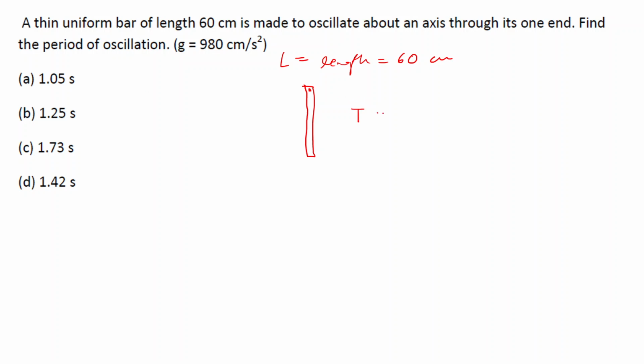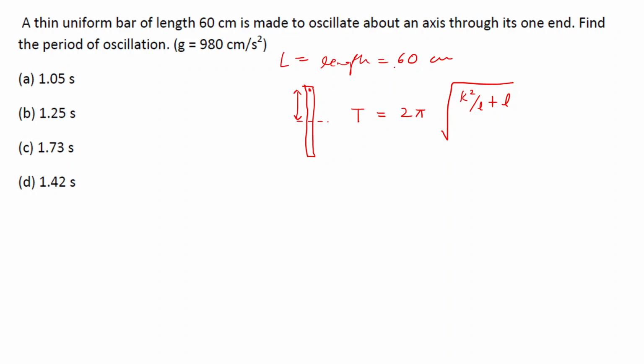Now we know the time period of oscillation for a compound pendulum, the expression is 2 pi under root, moment of inertia, or in terms of radius of gyration, k square by l plus l, where the small l is the distance between the center of gravity of this bar and the point of suspension.